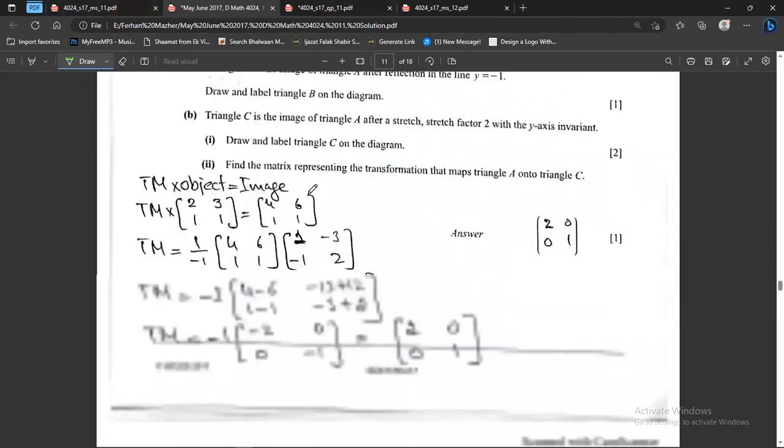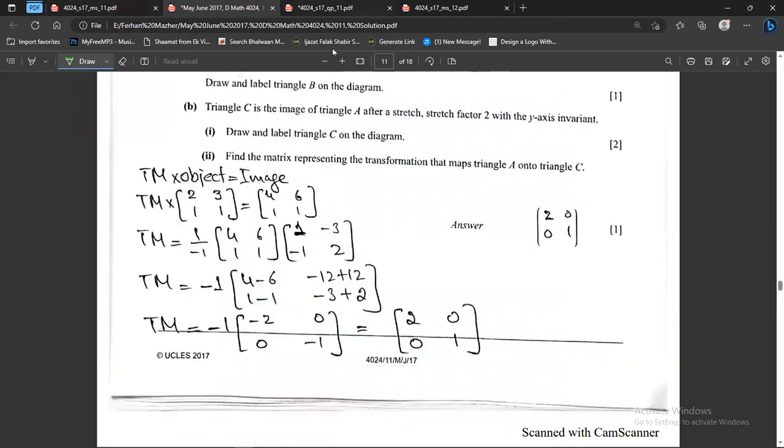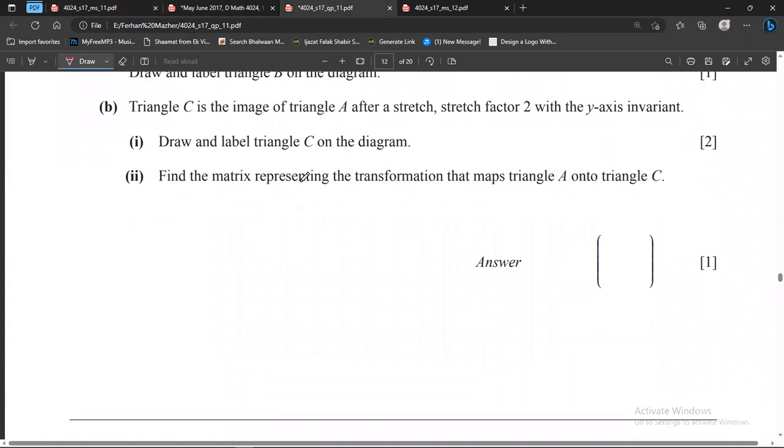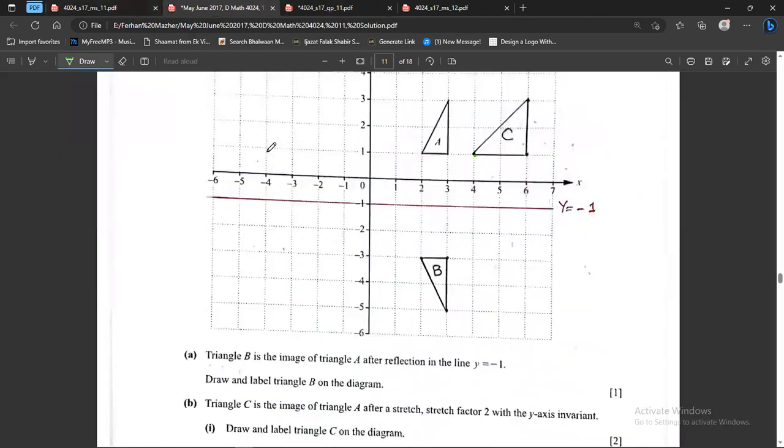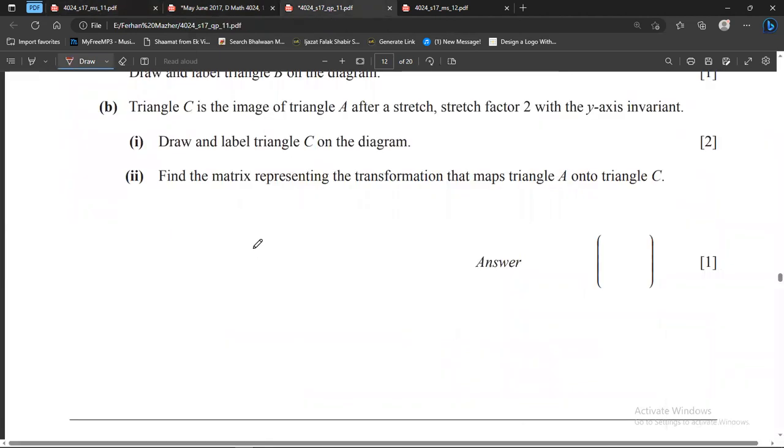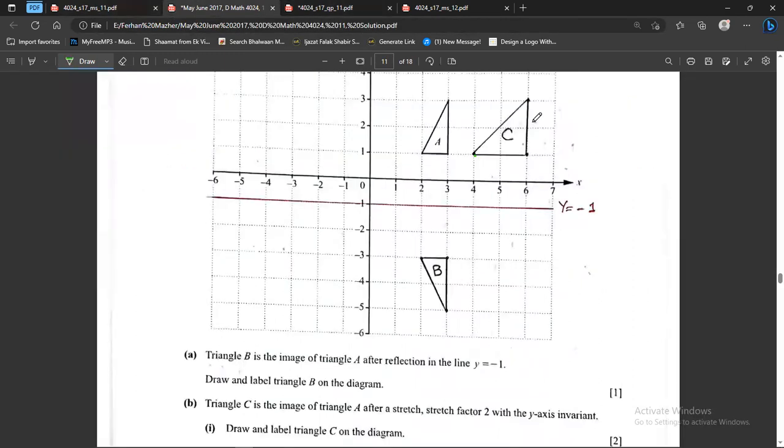Then we have another question. The triangle C has been labeled and I have marked it. He says, find the matrix representing the transformation that maps triangle A onto triangle C. So I will take 2 points on A, which are (2, 1) and (3, 1).